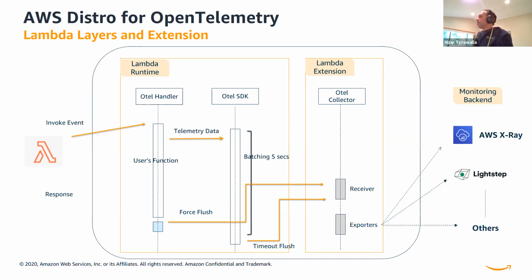We send the data out directly, which then calls the monitoring backend, flushes the data to the monitoring backend, and then sends the response. So this force flush is a synchronous process to ensure that all the data that has been buffered, that has not been flushed out because the timeout might not have been reached, is then flushed out to the monitoring backend so that we don't lose the data.